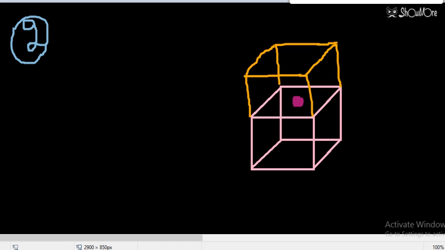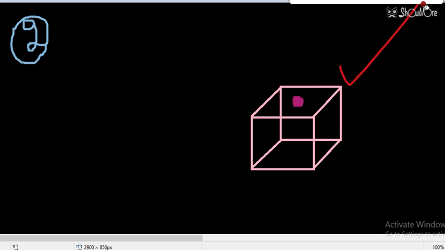So that means if out of 2 cubes the flux is coming, that is 1 by epsilon naught times Q. So if this figure is there, then the flux will be reduced to half, because earlier 2 cubes were there. So now in this particular case, how many cubes are required?